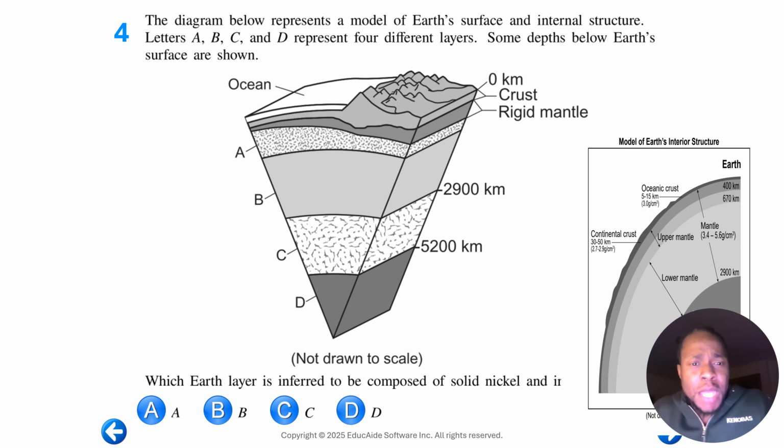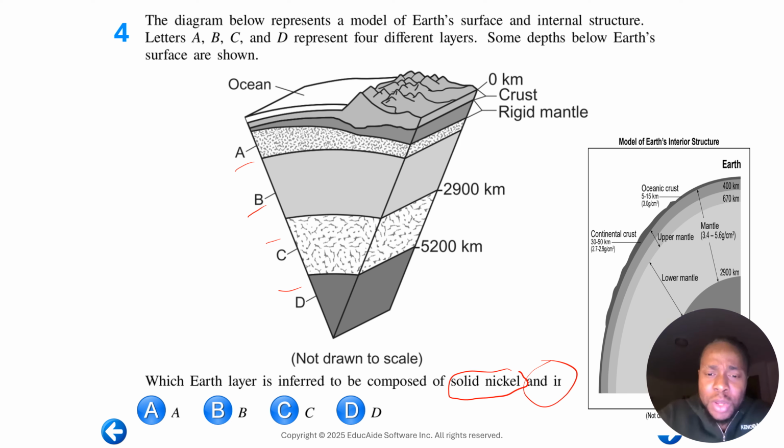Question number 4. The diagram below represents a model of Earth's surface and internal structure. Letters A, B, C, D represent 4 different layers. Some depths below the Earth's surface are shown. So we see layers A, B, C, D right around there. And the question is saying which layer is inferred to be composed of solid nickel and iron.